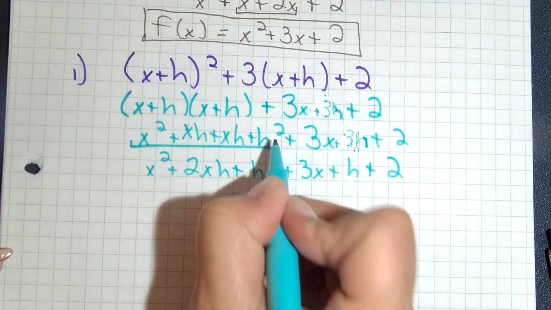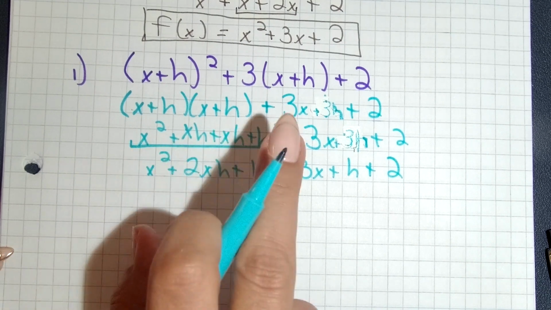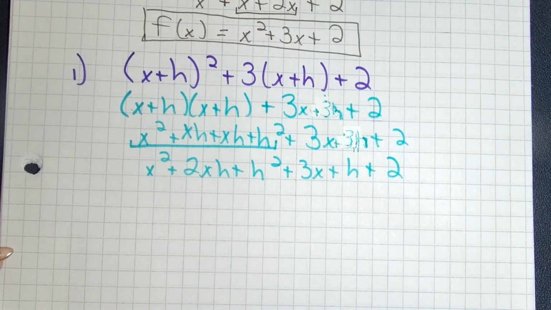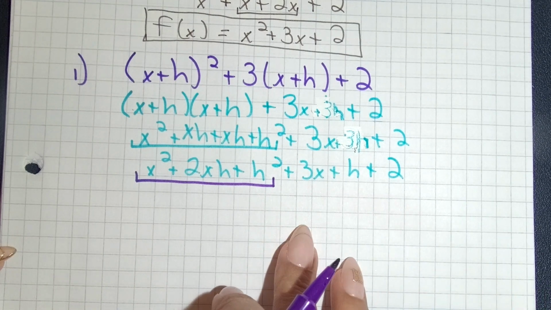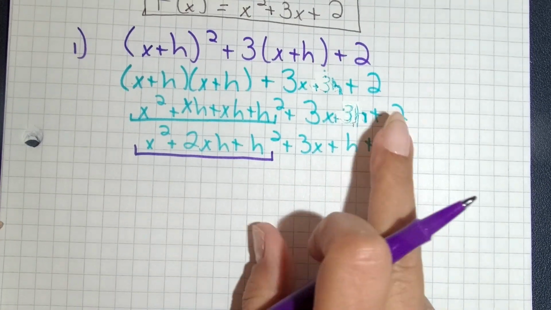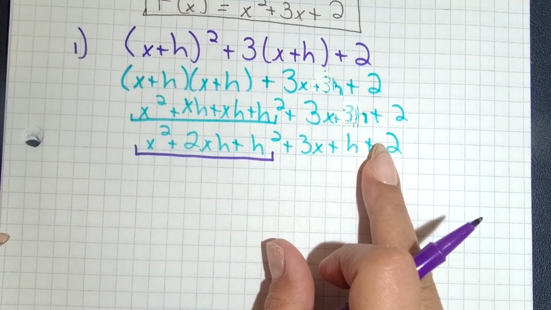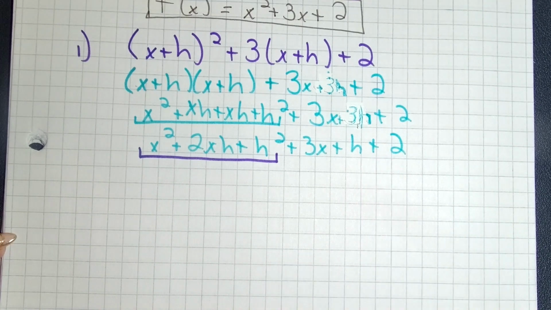That gave me x squared plus xh plus xh plus h squared. Then I combine like terms. So this is my f of x plus h.